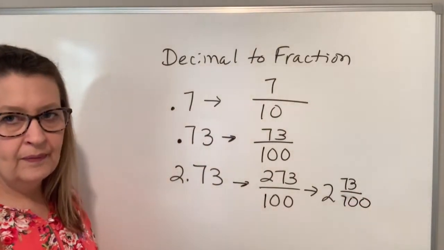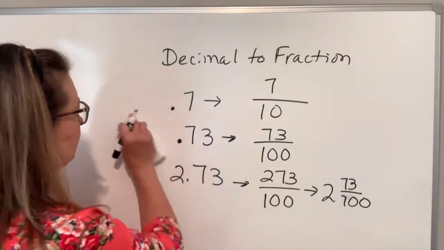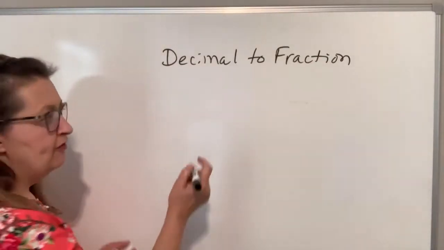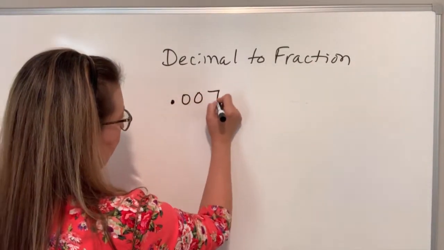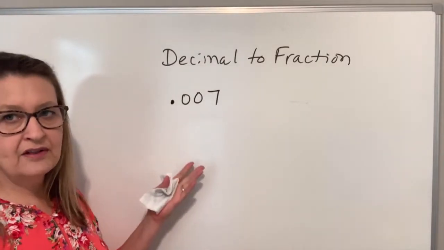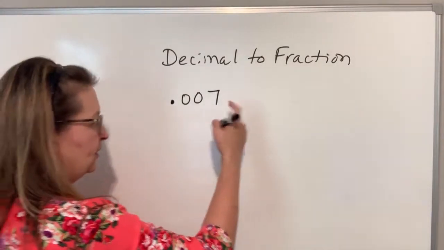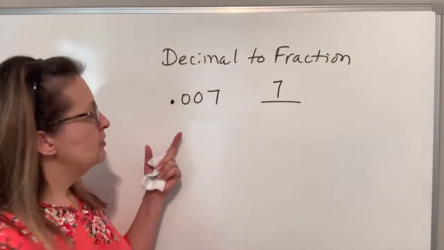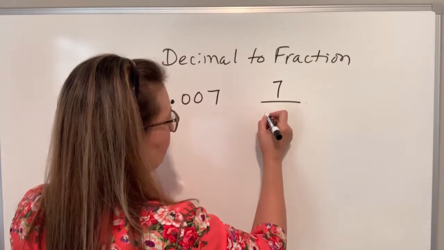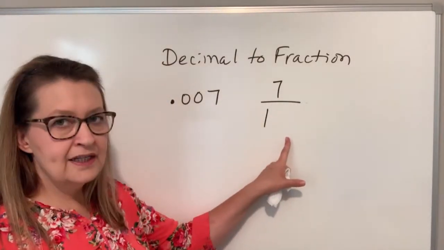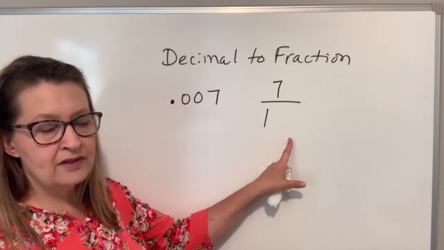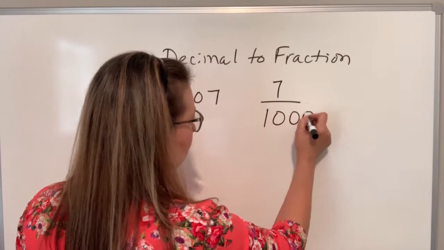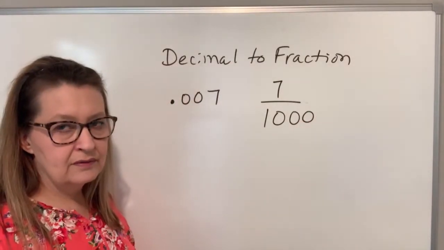Okay? Now, let's look at a couple more tricky situations that you get into. What if I have something that looks like this and I'm asked to change it to a fraction? Put the number on the top, just the significant digit, all right? So I'm going to put this over a multiple of 10, and I need as many zeros as I have digits to the right of the decimal. 1, 2, 3. 1, 2, 3. 7/1000.